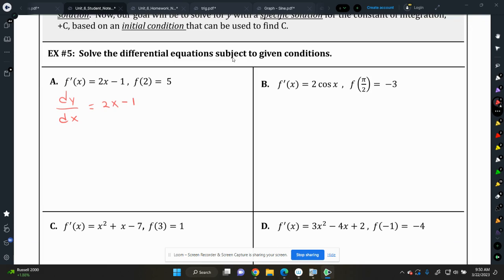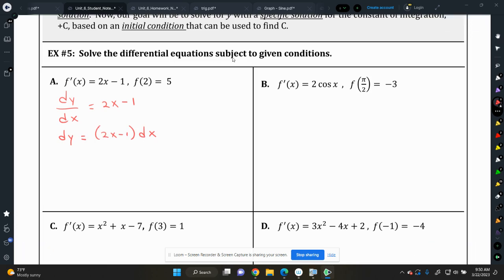Now, when we solve a differential equation, we have to separate the variables, put all the y's on one side and all the x's on the other side. So if I multiply by dx on both sides, I'm going to get dy equals 2x minus 1 dx.